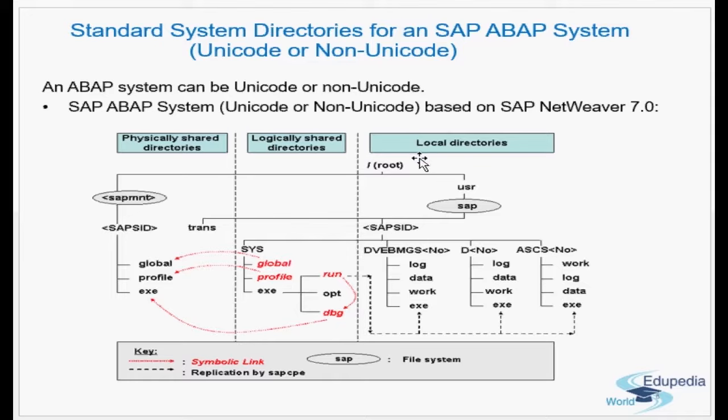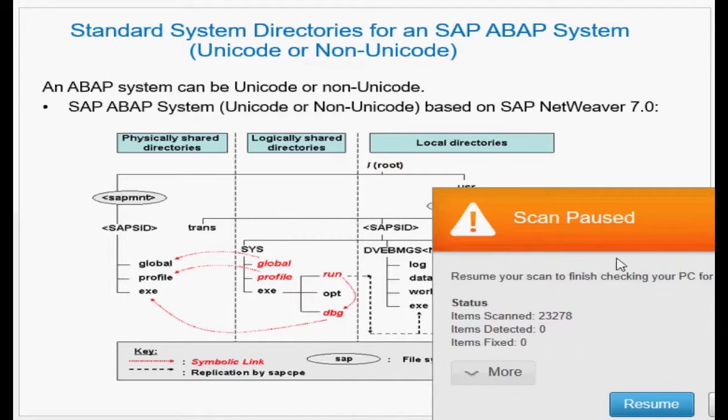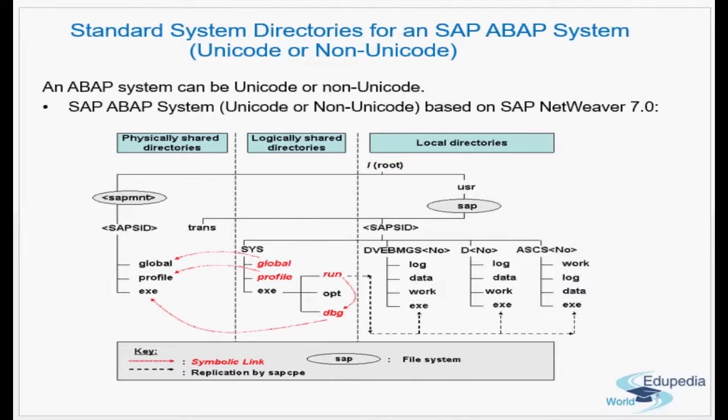You have slash, that is the root, /usr/sap/SID, /usr/sap/trans, and /sapmnt/SID. In /sapmnt/SID you have global, profile, exe. In /usr/sap/trans you have other subdirectories like data, cofiles, bin, log and all these things. In /usr/sap/SID you have sys, and for each of the instances you have one subdirectory, and then you have the central services.